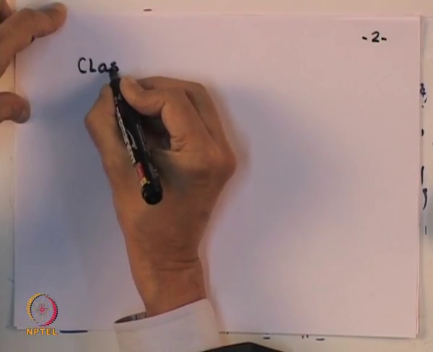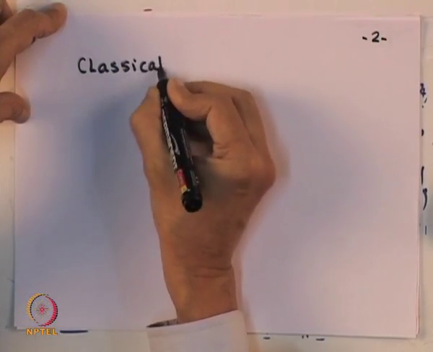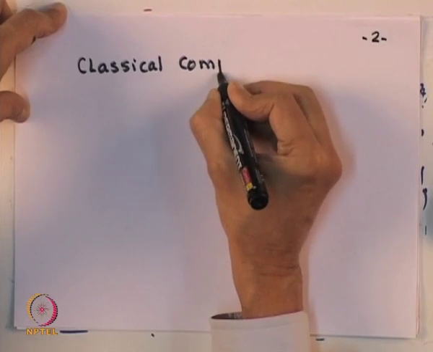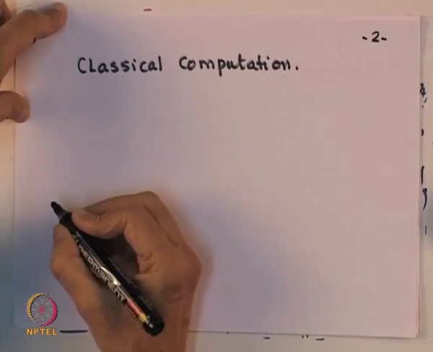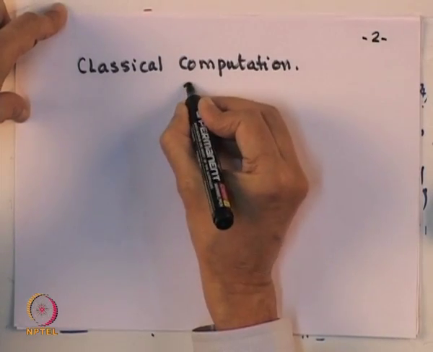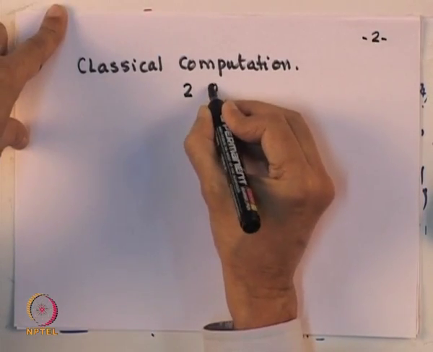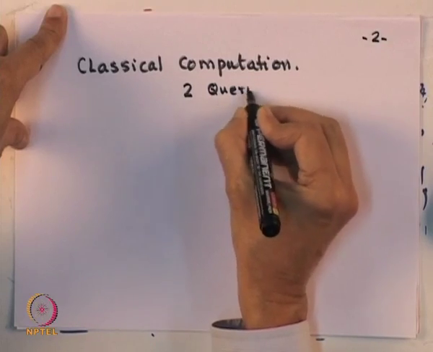So in other words, a classical computation to determine whether the function is a constant function or a balanced function requires two queries. Not a very involved computation, but we require two queries or two steps.